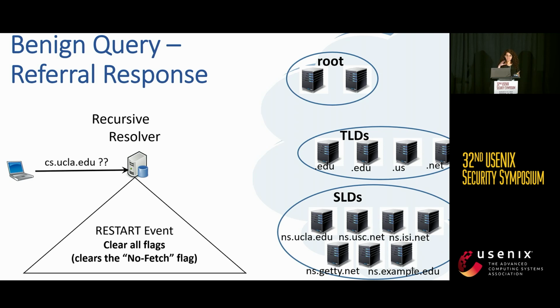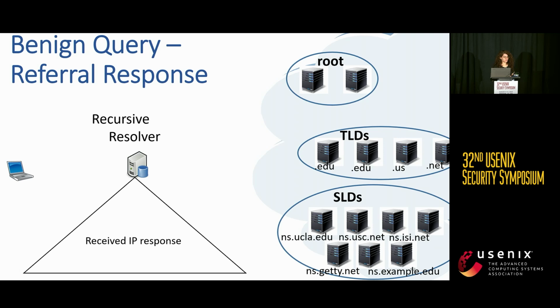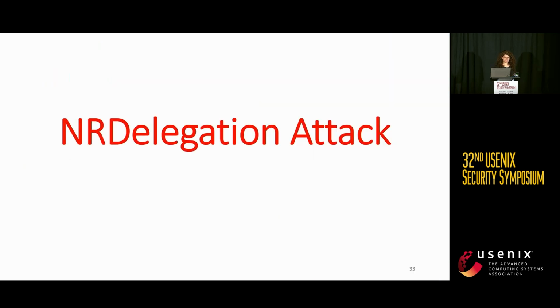As part of this restart event, all the flags are cleared, including the no-fetch flag that we just turned on. So the resolver queries about the original client query, receives the IP address, and then responds to the client.